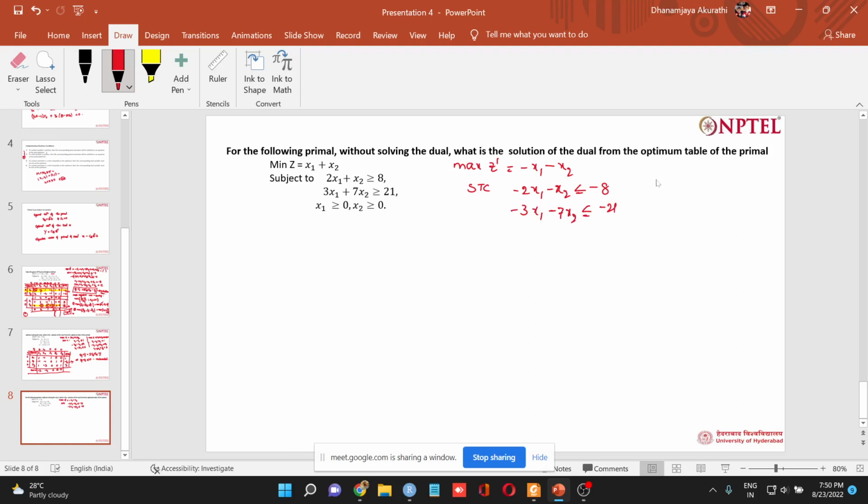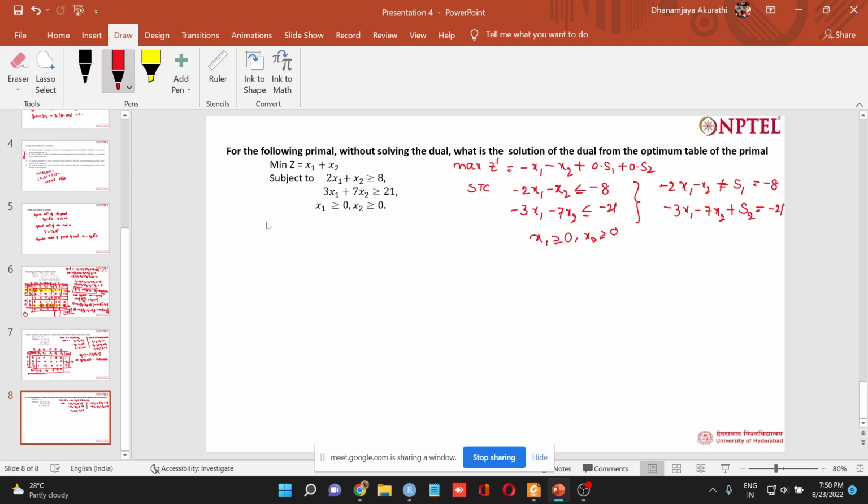So converting these into equations, then, is this correct, right? And here plus 0 into s1 plus 0 into s2, subject to constraints that are negative restrictions.